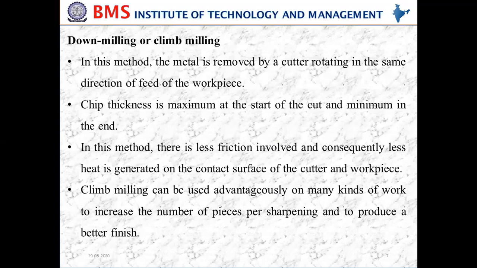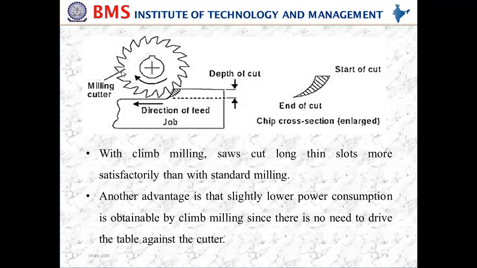Means the rotating cutter and the workpiece both move in the same direction. If you look at this diagram, the rotating cutter is moving in a clockwise direction, and the workpiece is moving from right to left. So both are in the same direction. So in down milling, the workpiece is fed in the same direction as that of the rotating cutter.